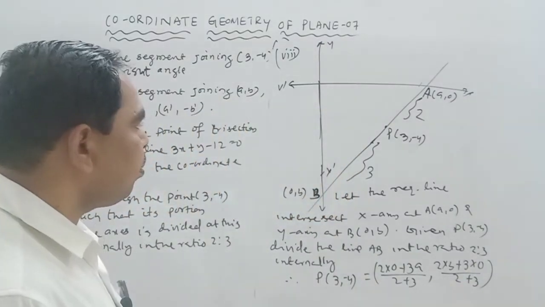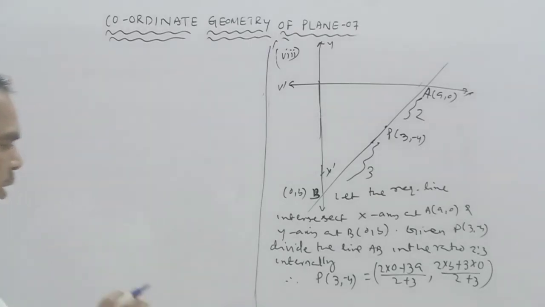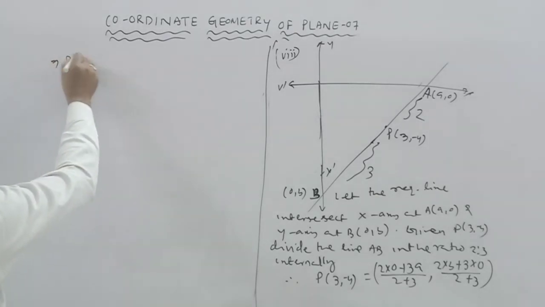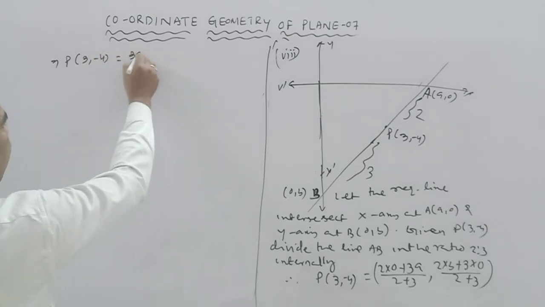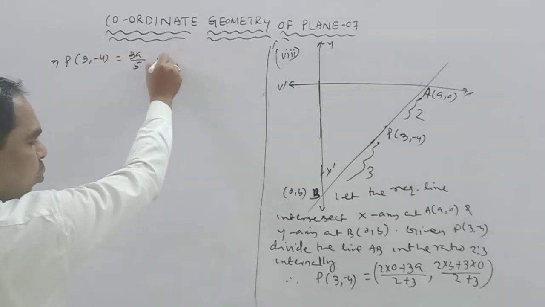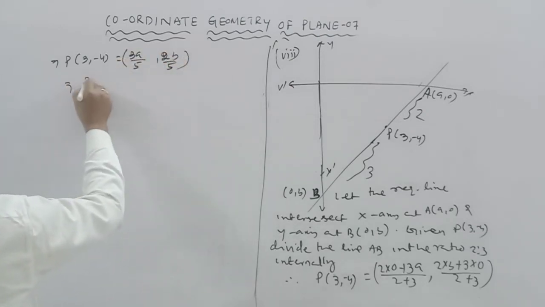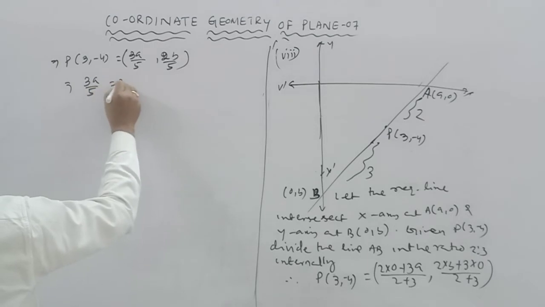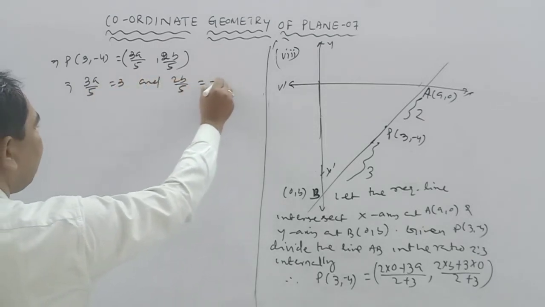So this implies P (3, -4) is equal to (3a/5, 2b/5). So this implies 3a/5 is equal to 3 and 2b/5 is equal to -4.